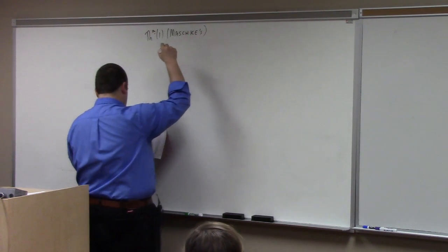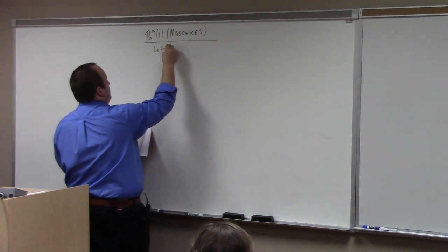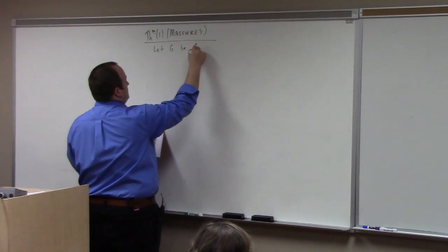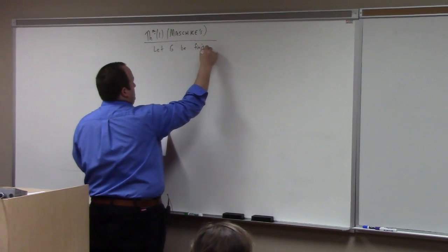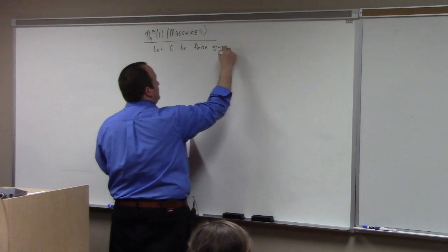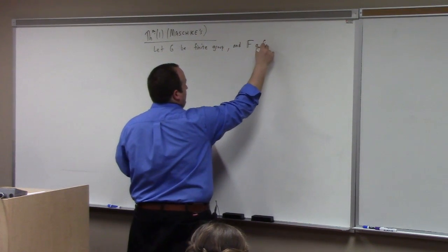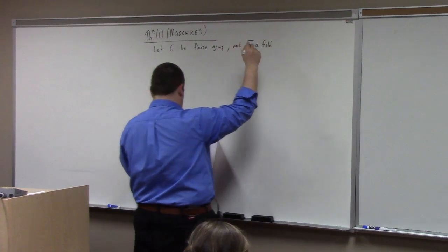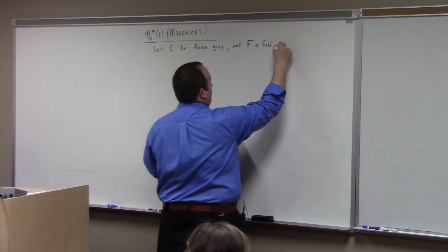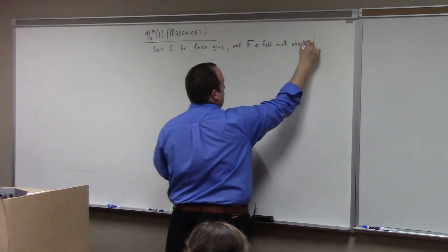All right, so here's the thing. Let G be a finite group, and F a field with characteristic not dividing the order of G. What's the characteristic of a field, guys?